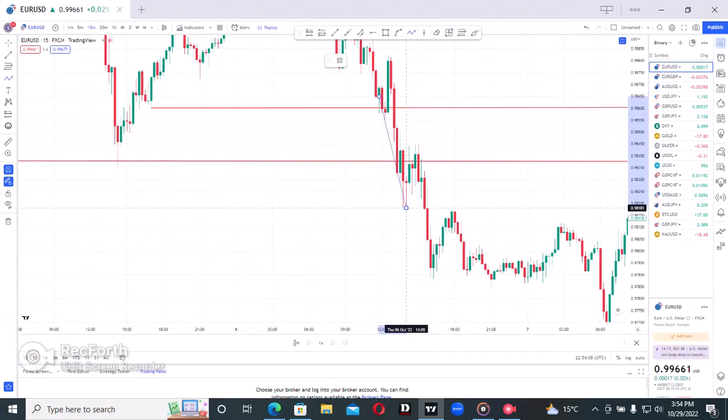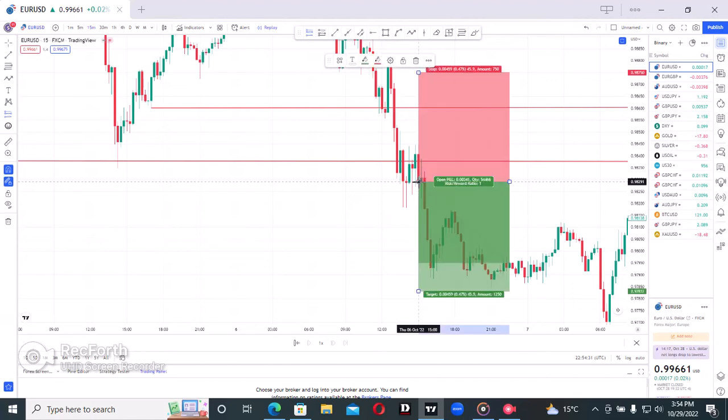So we break this support level here, and then what I am going to look for is the retracement, and then you can see that we have a retracement, and then the market continues to move down. If you wanted to trade this market right here, what you are going to wait for is an engulfing bar right here.